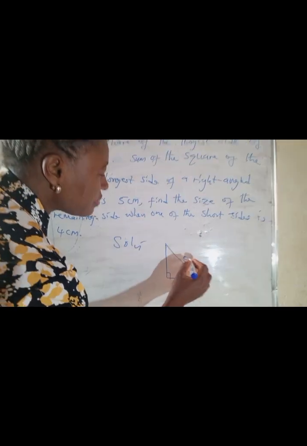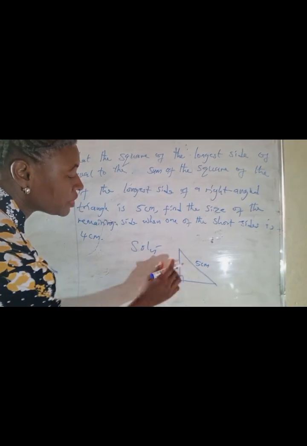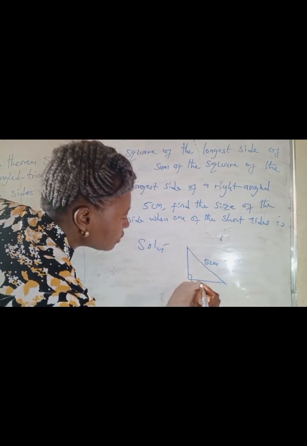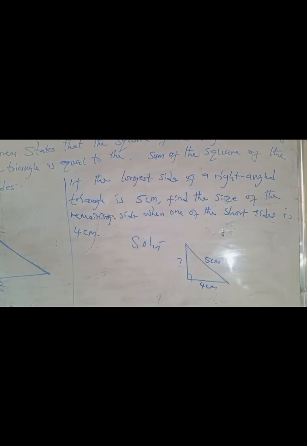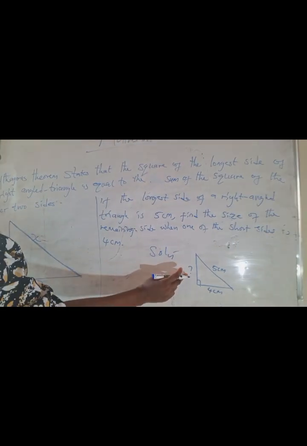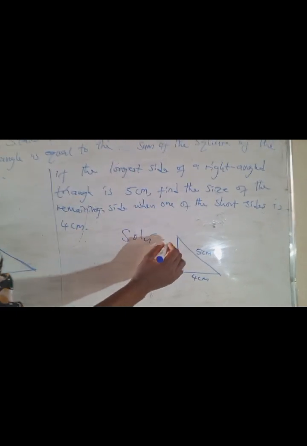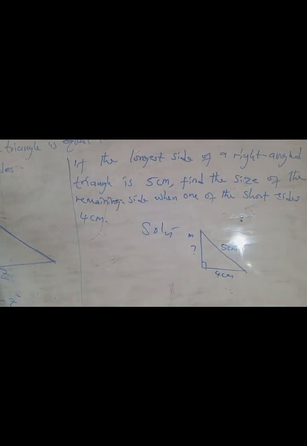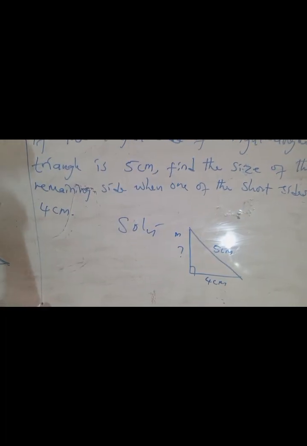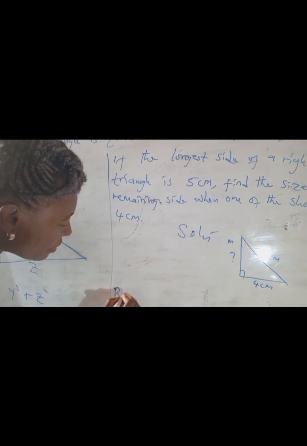So here is 5 cm, any of these sides can go for 4 cm. Then we are looking for this side. Assuming that we name this side m, then we now have that by Pythagoras.